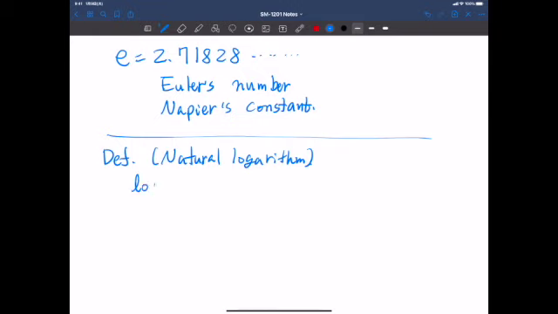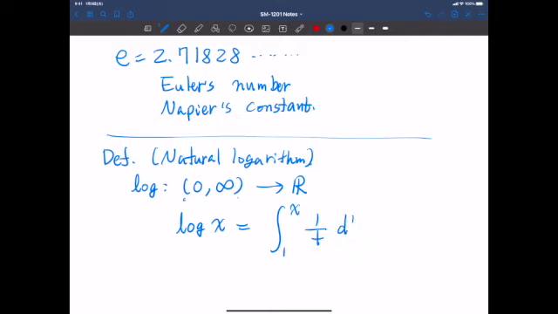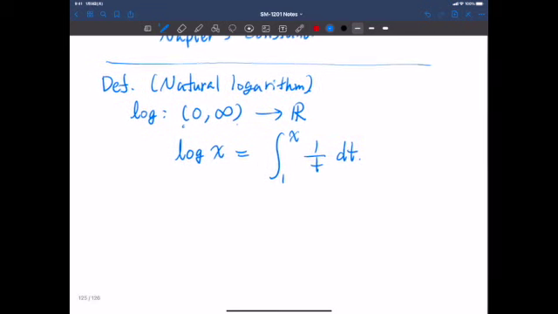It's a function called log from this interval from 0 to infinity, not including both ends, to real numbers. And we define this function log as this. Log of x is equal to the integral from 1 to x of 1 over t dt.